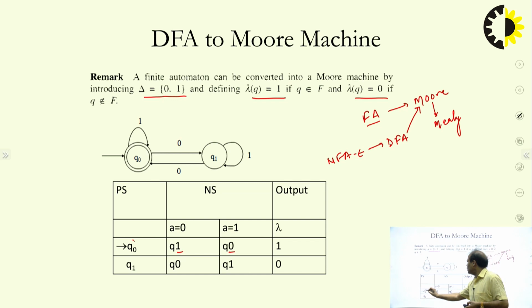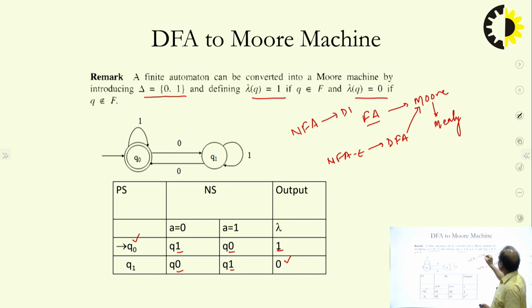Because Q0 is a final state, its output is 1. Q1 on 0 goes to Q0 and on 1 goes to Q1, and because Q1 is not final, its output is 0. So it's very simple to get a Moore machine corresponding to any DFA. But remember, if we have an NFA or NFA with epsilon, it must be converted into an equivalent DFA before getting its Moore model.